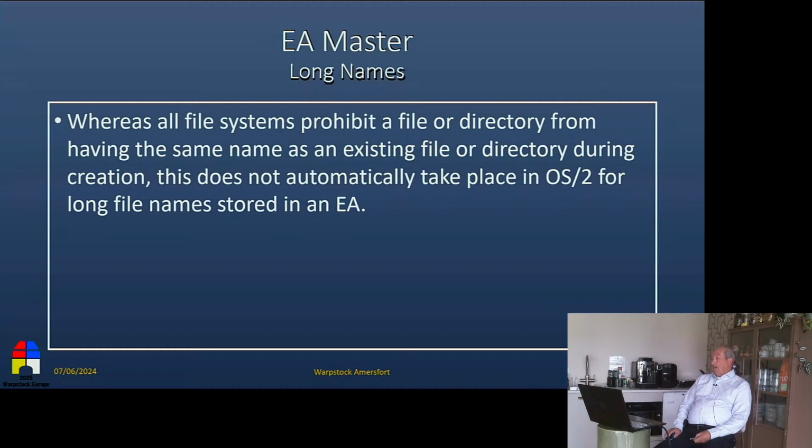This means that there is no logic in the operating system which will prohibit or give a warning on the fact that the long name is a duplicate name in the same directory. This can be a problem.